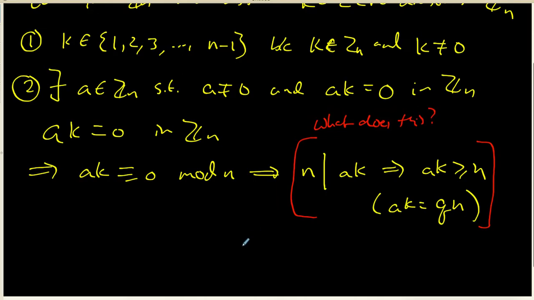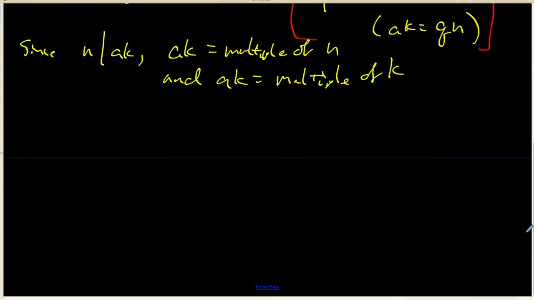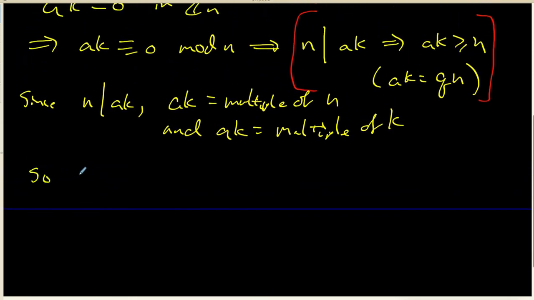Well, we're going to make a note that since n divides ak, that tells me that ak is a multiple of n, and ak is also clearly a multiple of k. And so what does that say? Well, that says quite easily that ak is a common multiple of n and k.